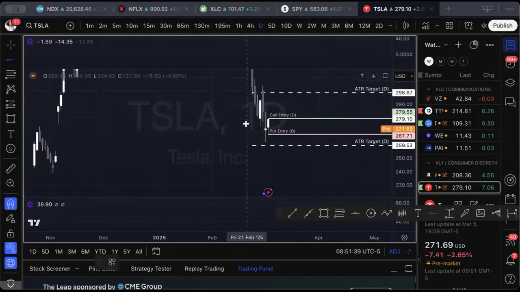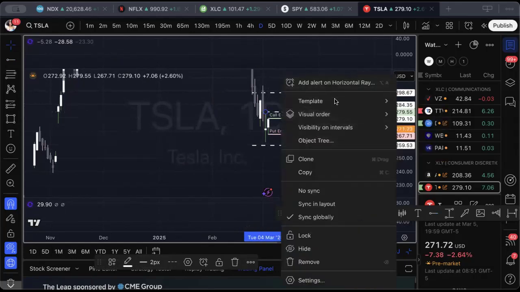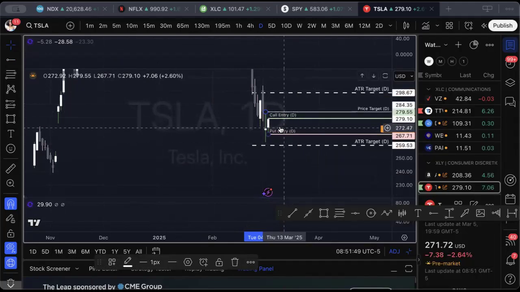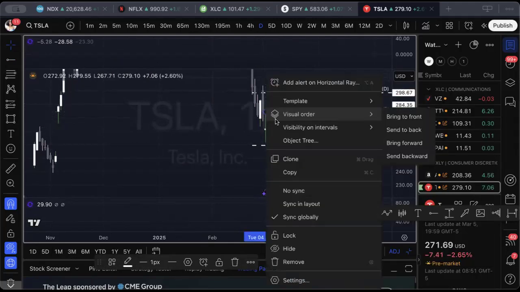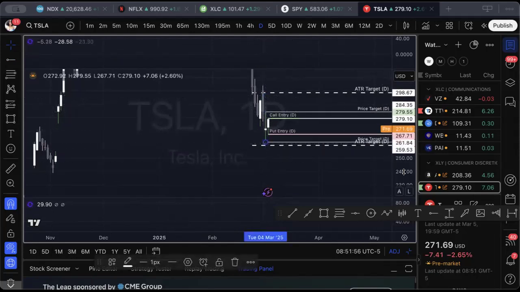Your price targets are essentially areas in which you could consider taking profit. So let's label this. It's our price target from the daily chart, so we will mark it as PT for the day. And then to the downside, this is what we're looking at.